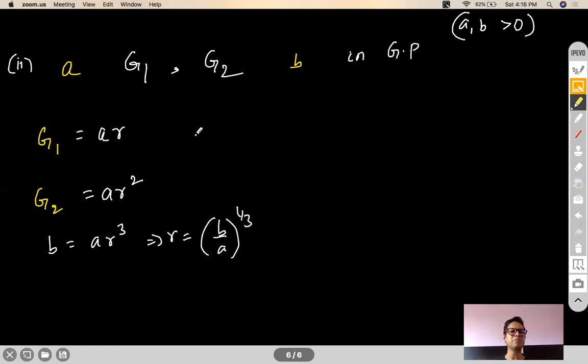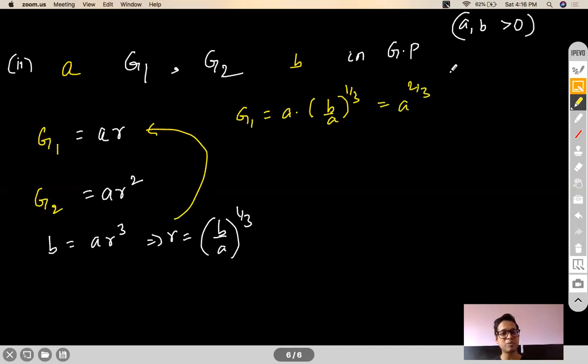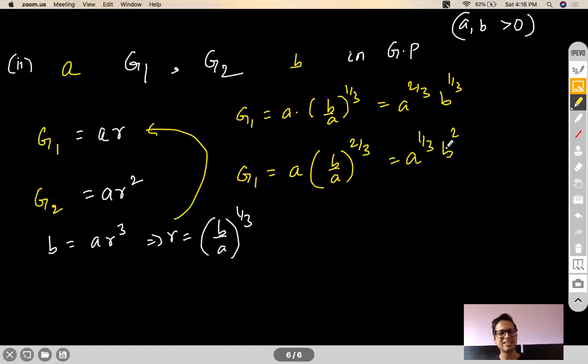Now when you put it over here, your G1 becomes A times B by A to the power of 1/3, which will give you A to the power 2/3, B to the power 1/3. Observation, guys, I would like you to be very careful in figuring out what the observation here is. Can anybody observe the pattern?